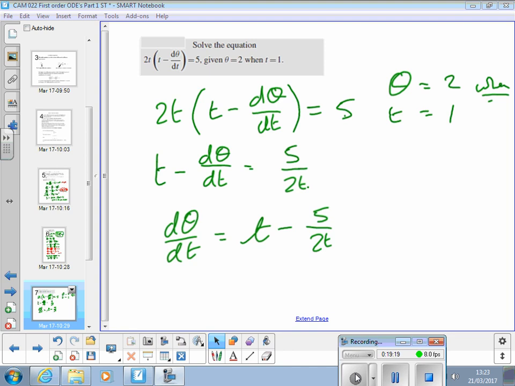So one way to look at it is to say I'm going to add that to that side and then subtract this from the t, and that's why you end up with those two the other way round. We don't want a negative differential.